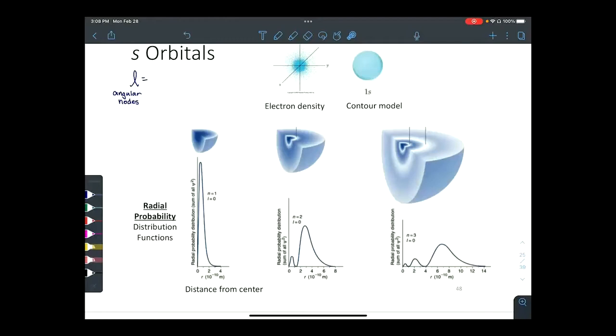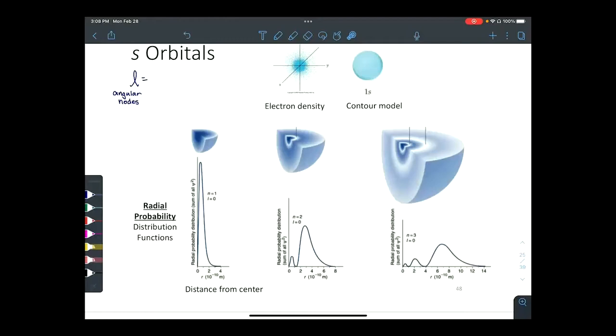So maybe another way to describe this type of graph is to think, right here, this is the nucleus. The front of the room is the nucleus, and all of you guys are electrons. So if I plot the probability of finding an electron as I move away from the nucleus, I'm at the nucleus and I'm increasing my r.